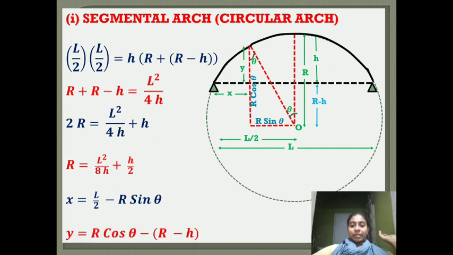Similarly, y is equal to r cos theta minus this distance, which is r minus h. So y is r cos theta minus (r minus h). These are the important things we should know before solving the problems of a segmental arch.